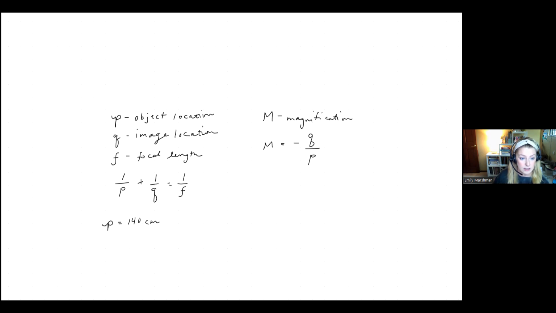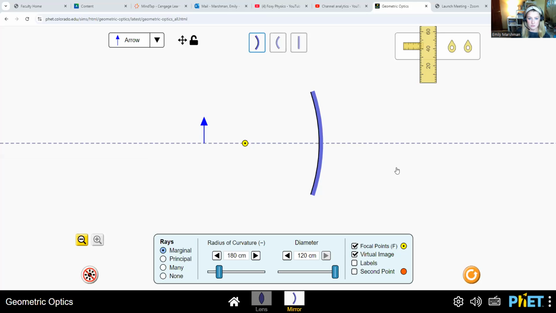We're trying to find out where the image is located, so we're looking for Q. And the focal length of our mirror in this case was 90 centimeters. The radius of curvature was 180, so the focal length is 90. Let's just check and make sure that that's correct. Focal length is denoted with this yellow dot. It's at 90, so that's good. So let's predict where the image is going to be and then check our prediction using the simulation.